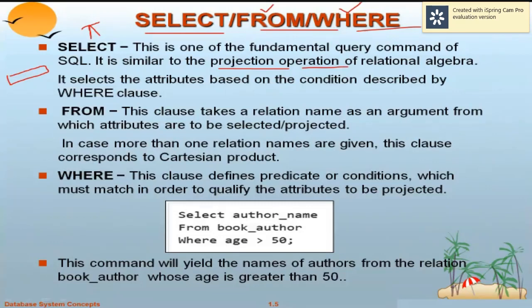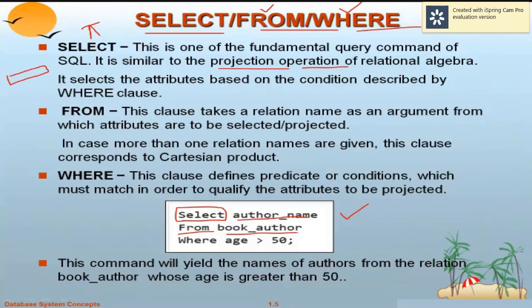Let's get into the example so that you can understand the concept. What did I do? I've just written a select command followed by author name. Author name is the name of the attribute which you want as your output. You want the name of the author as your output. From where? From the table called book author.